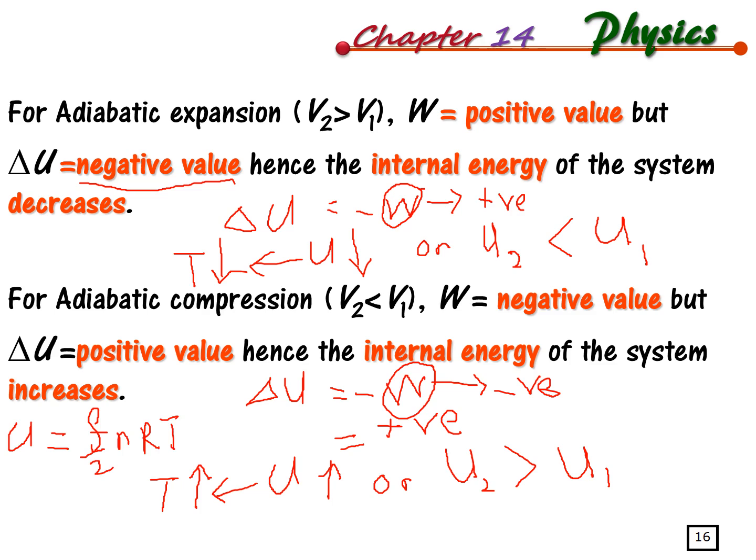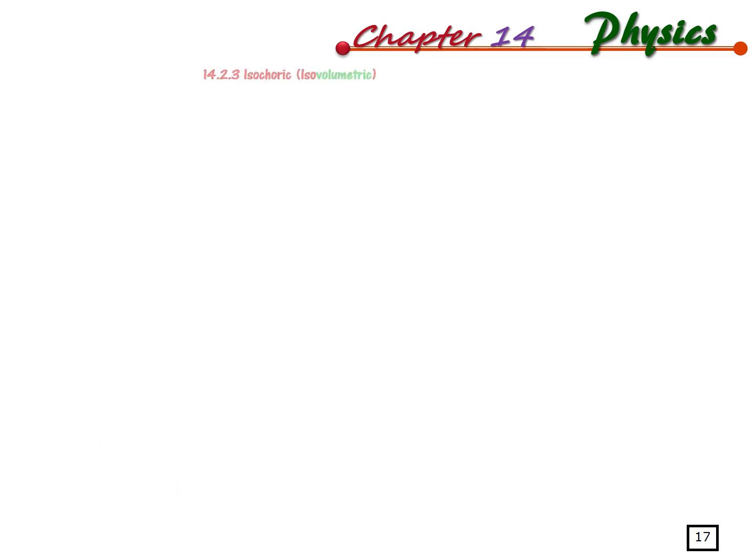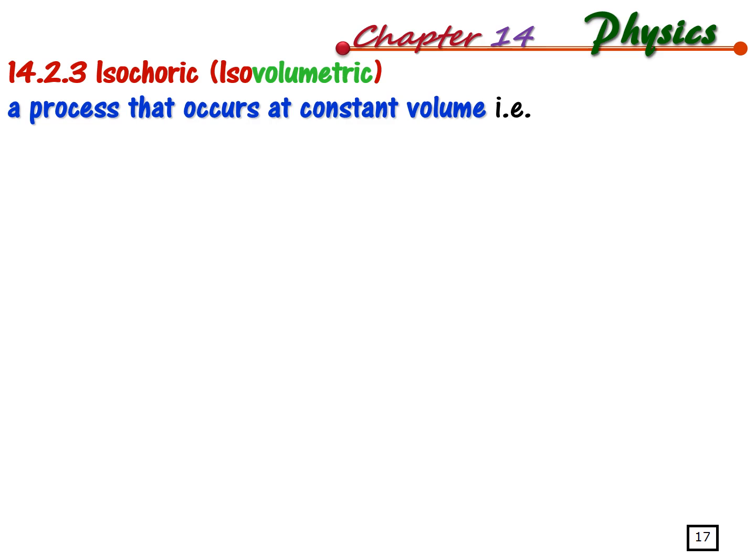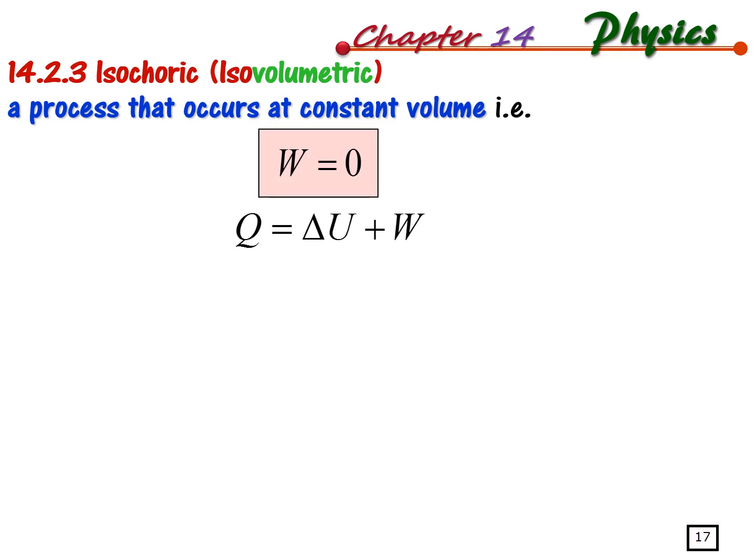Alright, so now we go to the third process, which is isochoric or isovolumetric. It's a process that occurs at constant volume. So when the volume is constant, there is no expansion or compression of the system. Therefore, work done equals 0 because there is no change in volume.